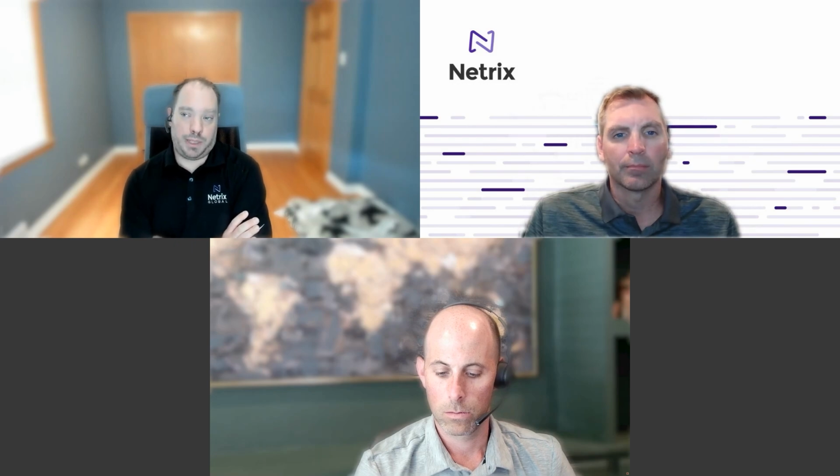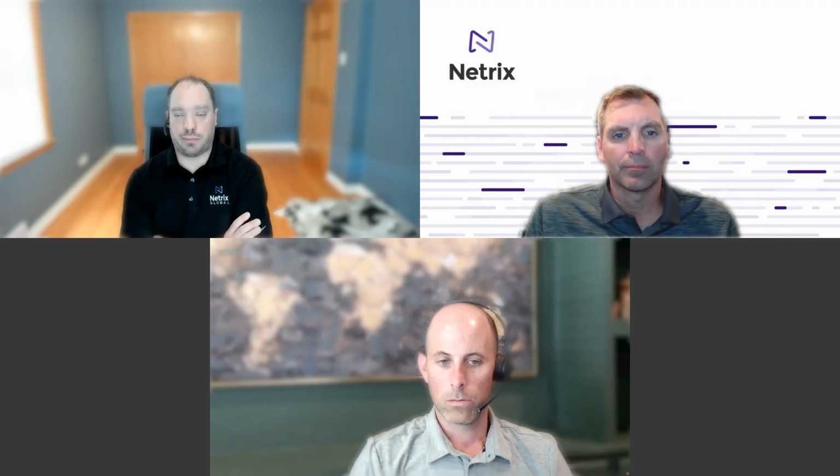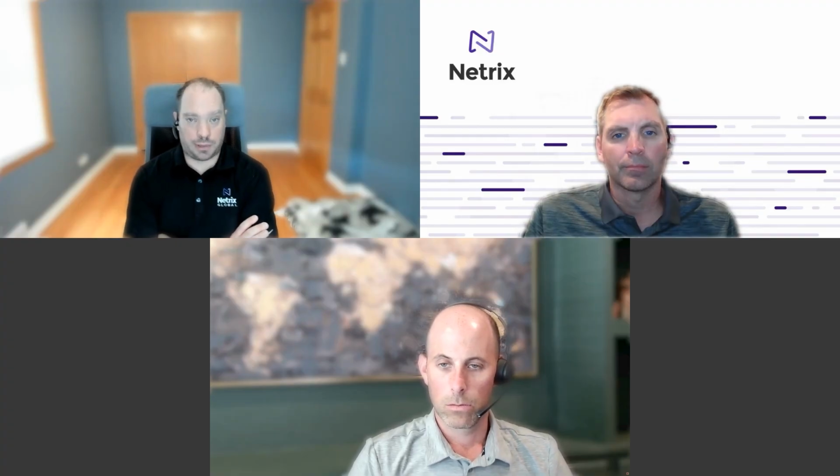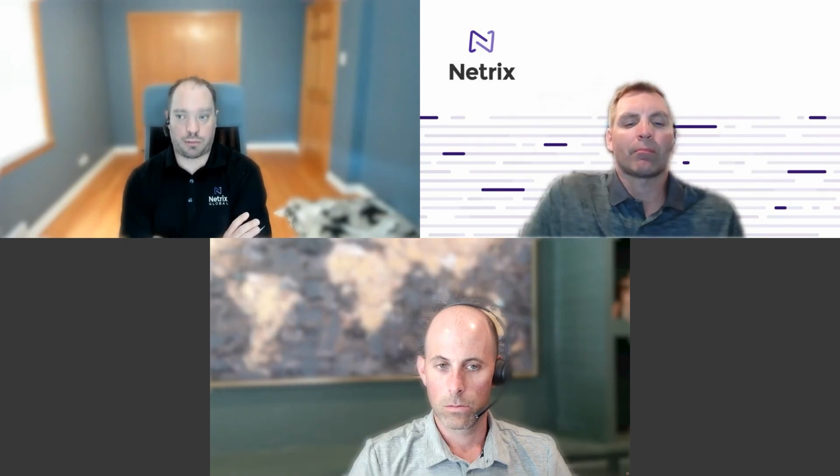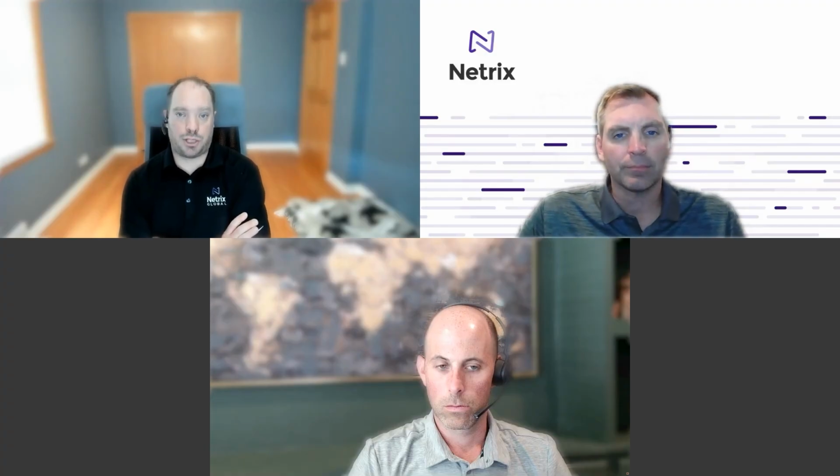Now endpoint DLP plays other roles as well, other than just picking up on sensitive information types. We're looking for labeled content. We're looking for the source and destination of a copy and paste, a print, a send to, or a share function out of a browser. These are all things that are becoming more important than just looking for a specific type matching or regular expression matching of a specific sensitive information type.